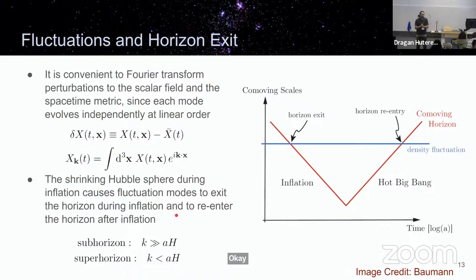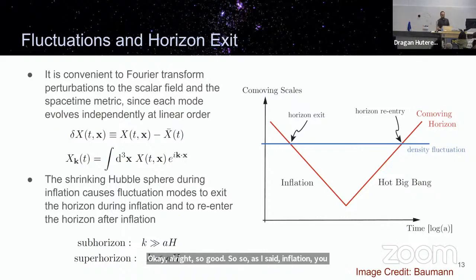So as I said, inflation you can think about as a period during which the Hubble sphere was shrinking, and then after inflation, we know that we have the standard thermal evolution and the Hubble sphere grows during that time. And so you can think about inflation in terms of setting up this portion of the diagram when the Hubble sphere shrinks as time evolves, and then the hot Big Bang is when the Hubble sphere grows.